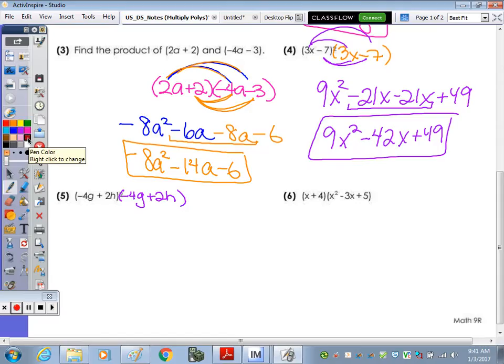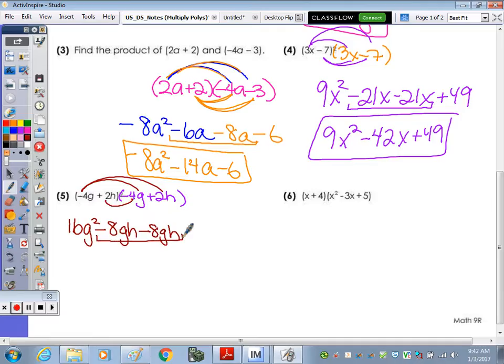So the line before you combine like terms should be negative 4g times negative 4g, a positive 16g squared. The outside term, negative 4 times positive 2 is negative 8, and then g times h is hg, or gh. We always write it in alphabetical order just to be consistent. And then 2h times negative 4g, there's the negative 8gh.